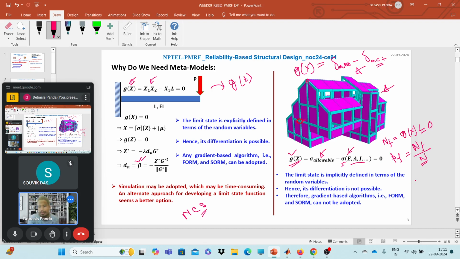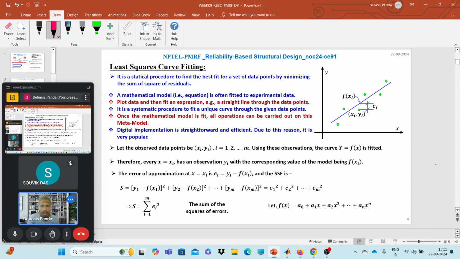Now, we have the response surface method to solve meta model based reliability analysis. But before going to the response surface method, we will spend some time on the least square curve fitting approach, because the response surface method is based on the principle of least square curve fitting. We already have some knowledge about curve fitting and least squares; it's a basic statistical method.